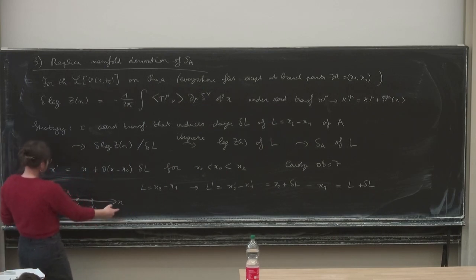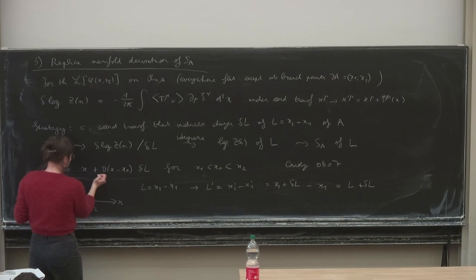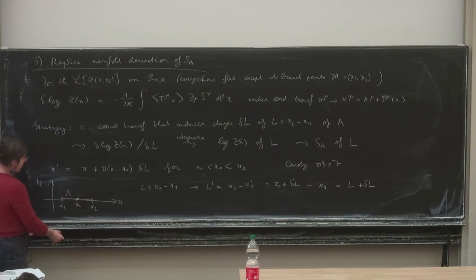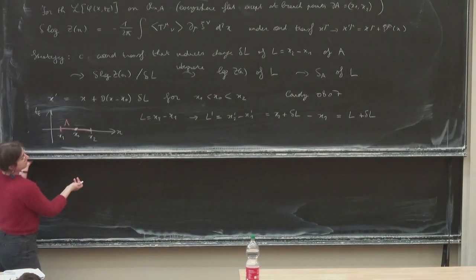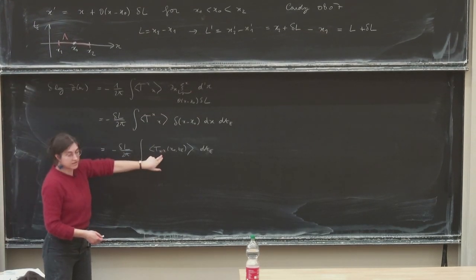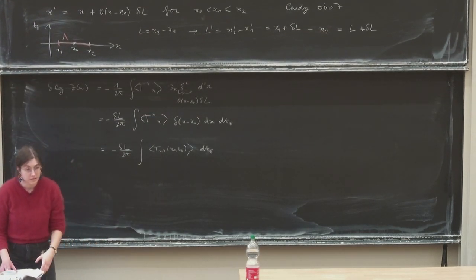So x and te, they span the full replica manifold. And in these points, there are conical singularities, but in x0, the metric is just flat. And so it's safe to bring down this x.